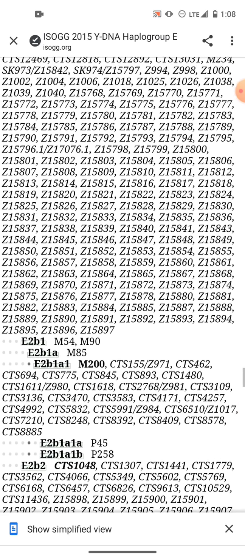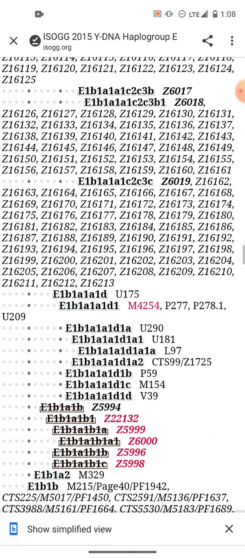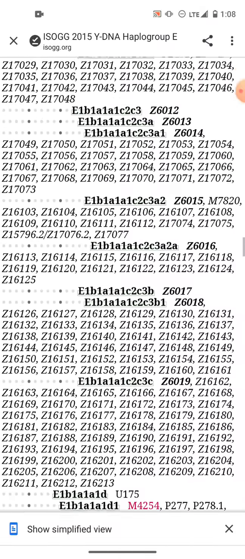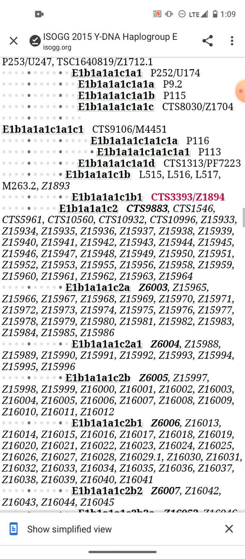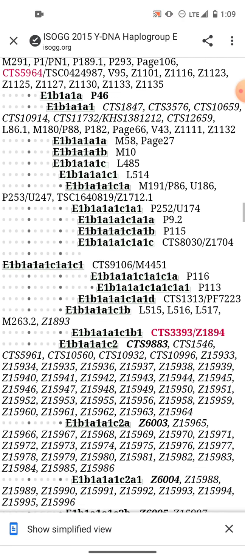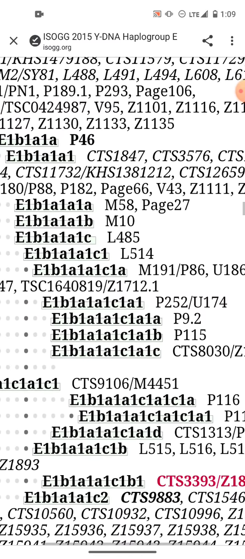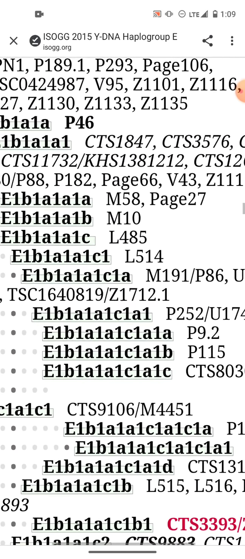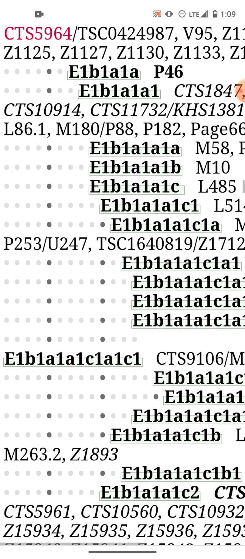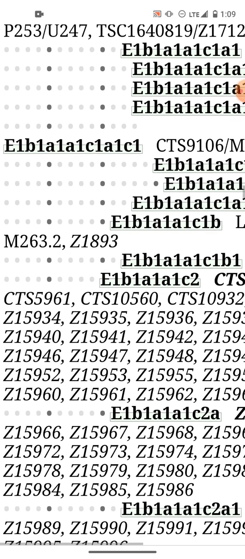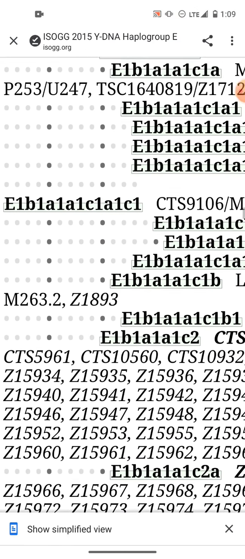So we go back up here, and it said it's listed near Ruben, and we was just right there. So here go Ruben. And I don't see nothing.